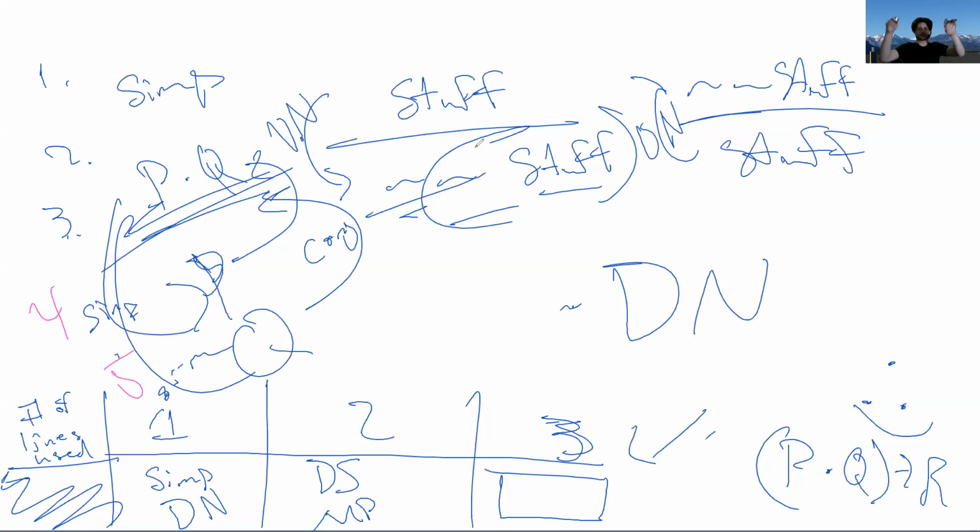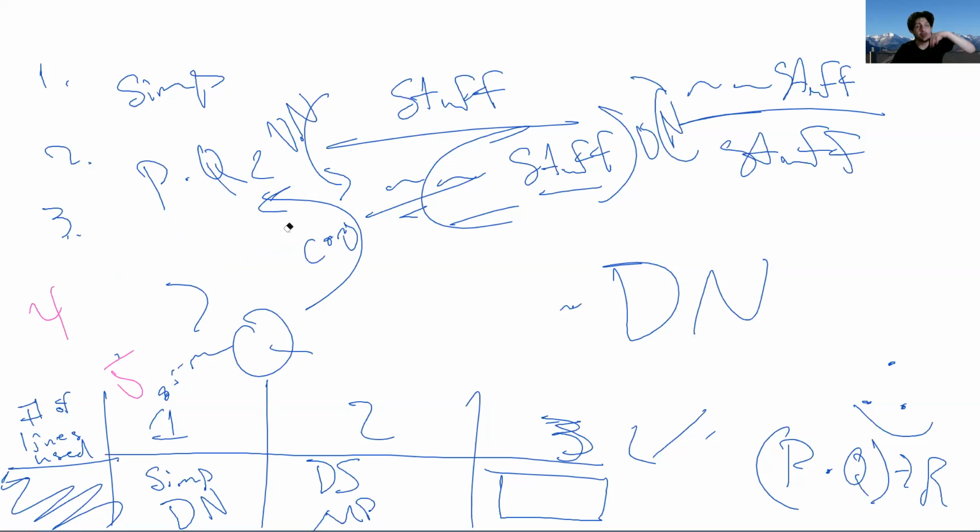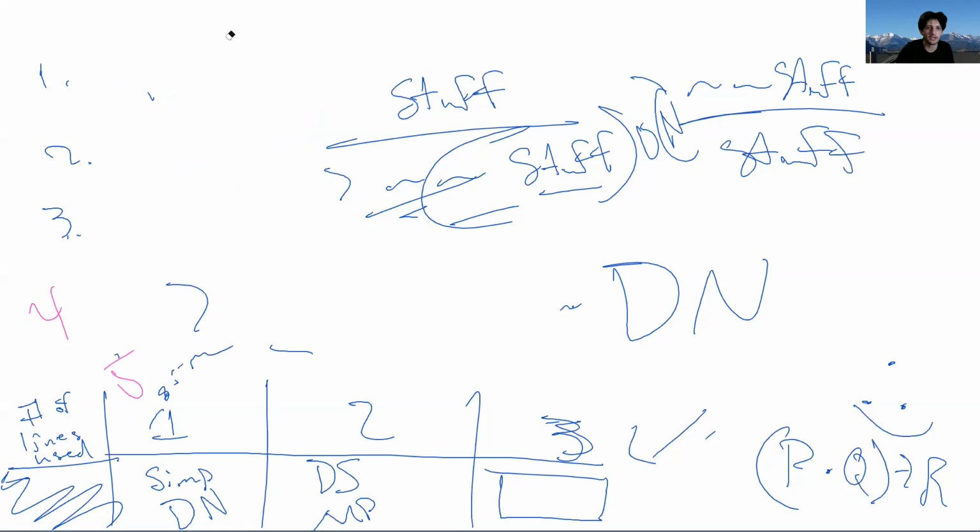So simp and conj are kind of like two sides of the same coin, but they are just different rules. So neither one of them is in itself reversible. It just reverses the other one, if you will. Whereas DN is actually reversing itself. And that's going to be a characteristic of what we call implication rules, or excuse me, equivalence rules.